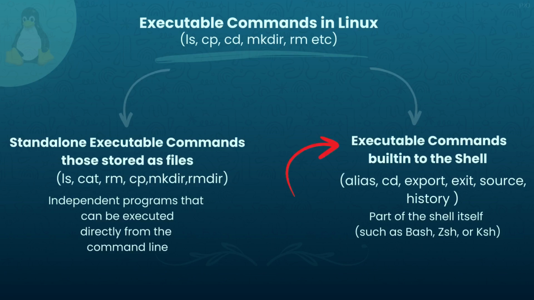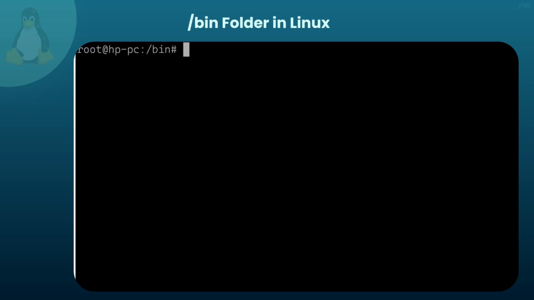Built-in commands are an integral part of the shell itself, and do not require a separate executable file. They are executed directly by the shell. Some common built-in commands in Linux include alias, cd, exit, export, source, and history. Standalone executable commands are stored as separate executable files in specific directories, such as bin, usr bin, or usr local bin.